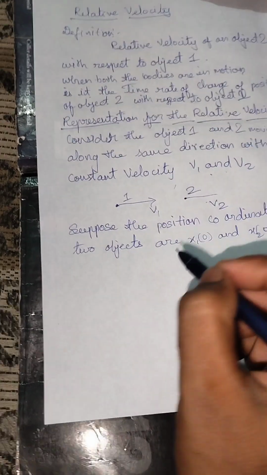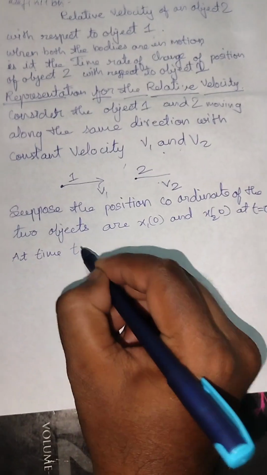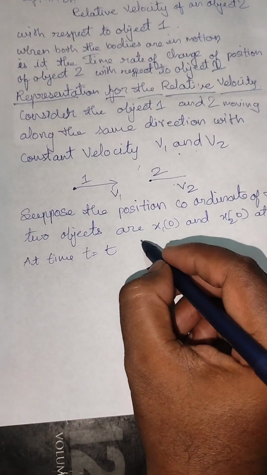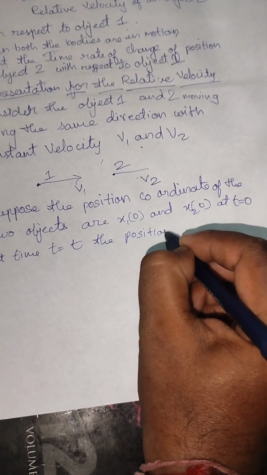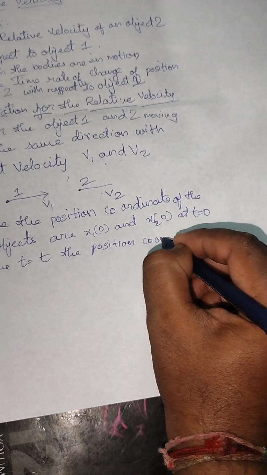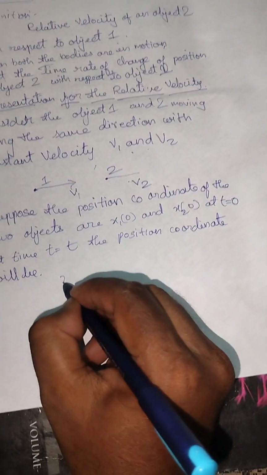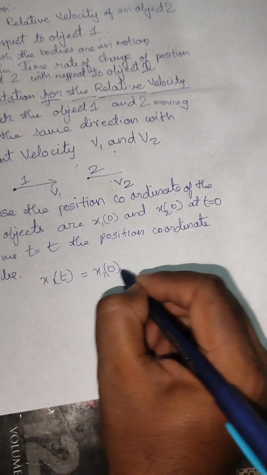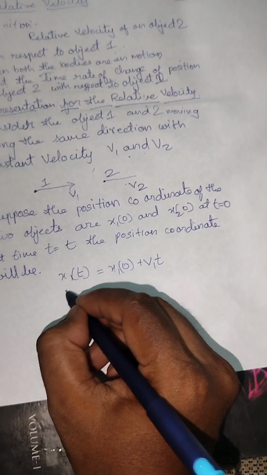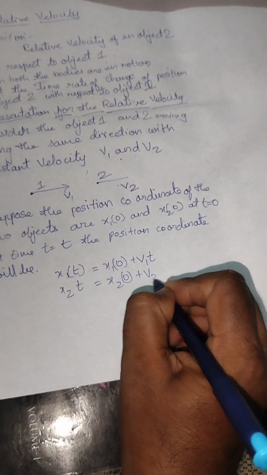At time t, the position coordinates will be x1t equals x10 plus v1t, and x2t equals x20 plus v2t.